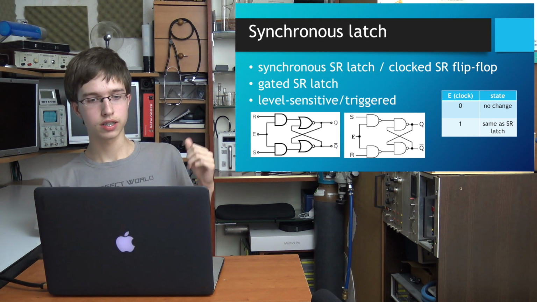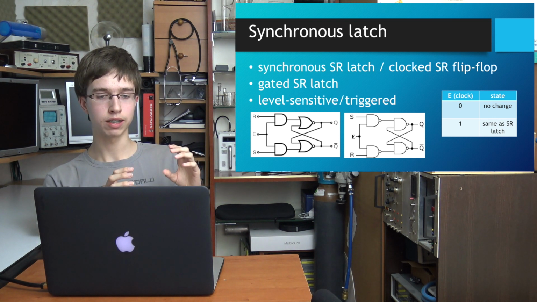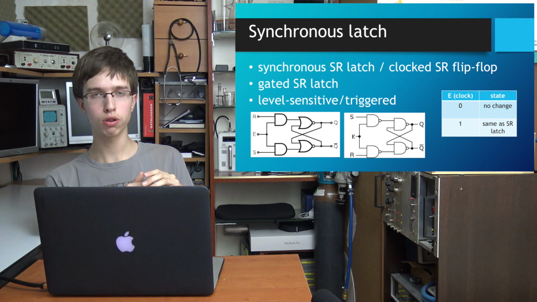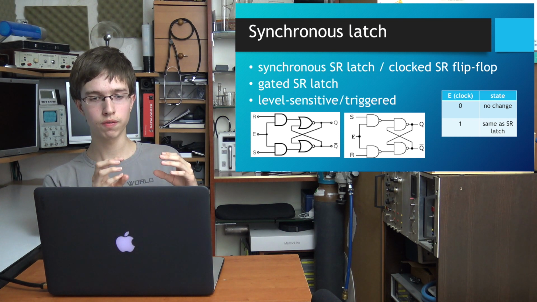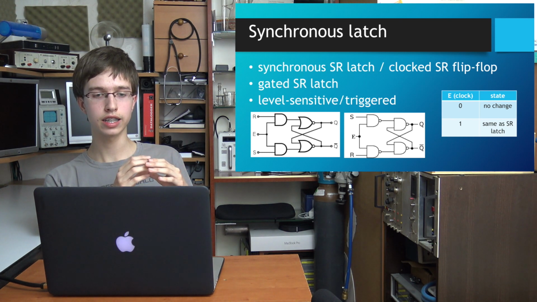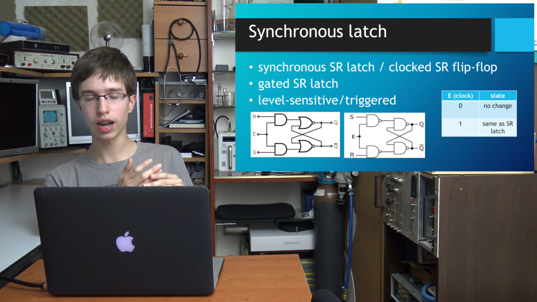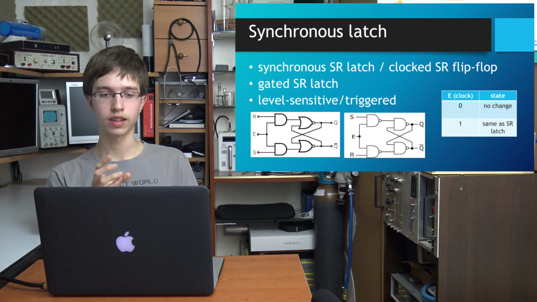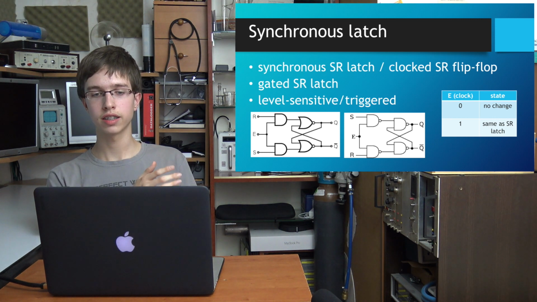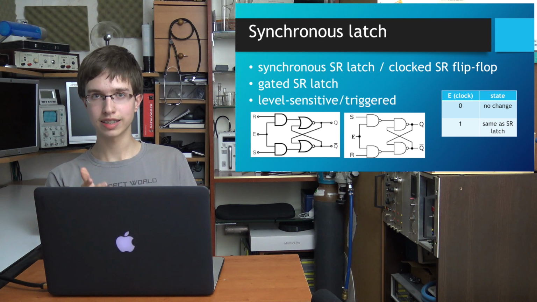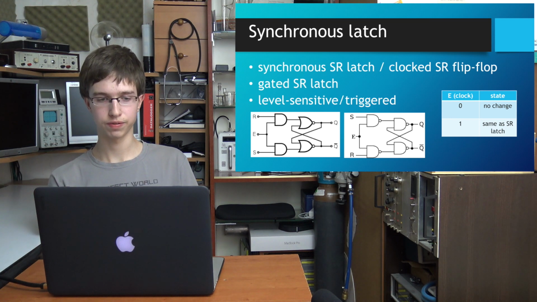And here we have this table. So when E, which is the enable clock input, is equal to 0, its state does not change. But when the clock is equal to 1, its state changes, and it behaves just like a simple asynchronous SR latch.